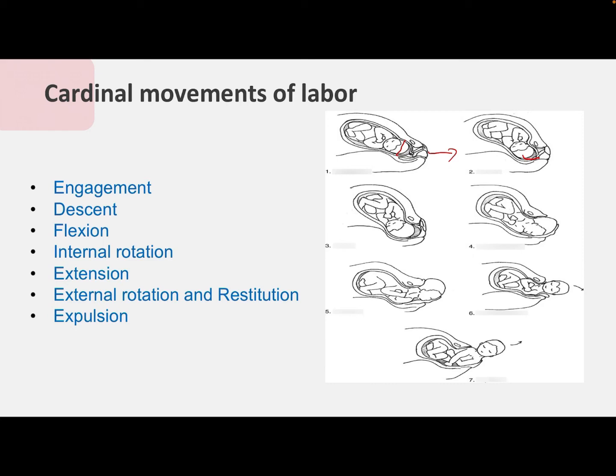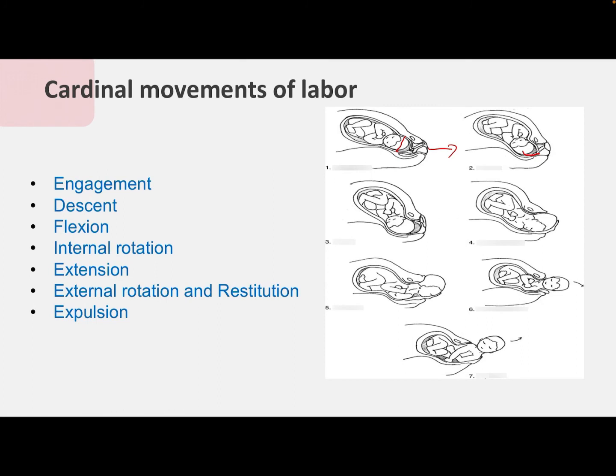Moving to the third movement, the flexion. When the fetal head comes into contact with the pelvic floor, cervical flexion occurs, and this allows the presenting part of the fetus to be the suboccipitobregmatic. Okay, moving to the next movement, the internal rotation.